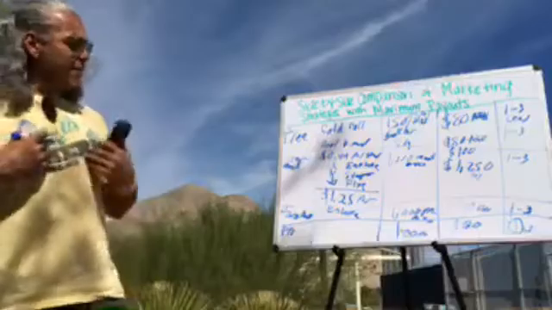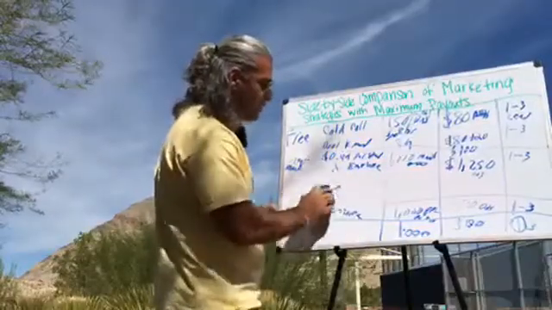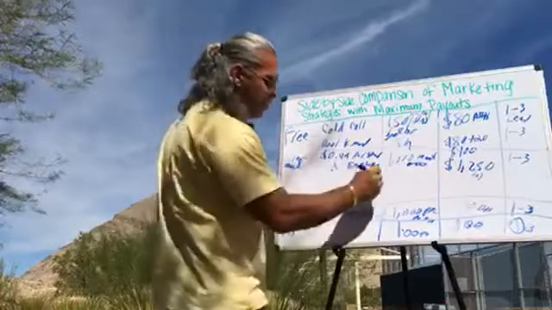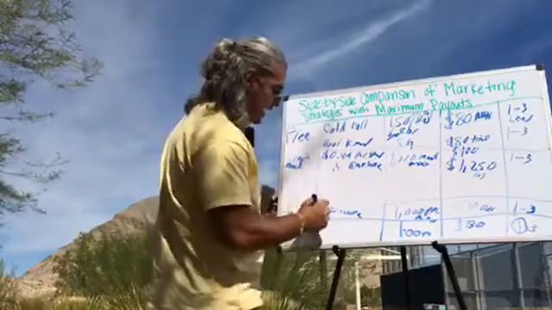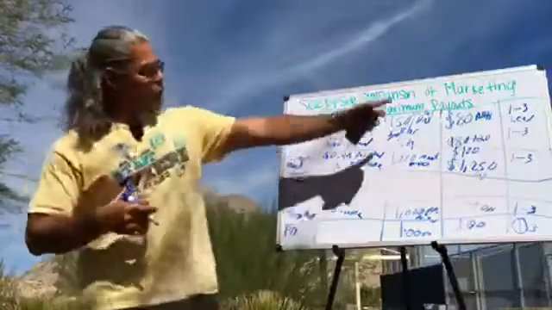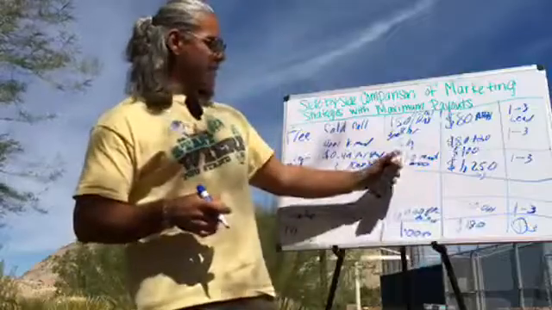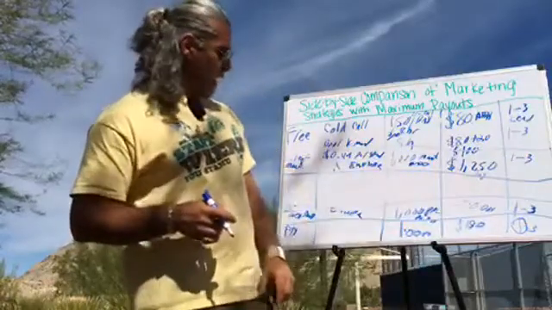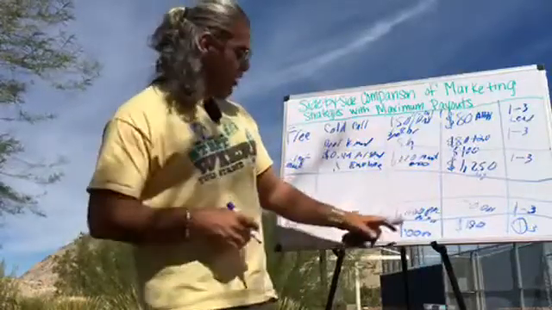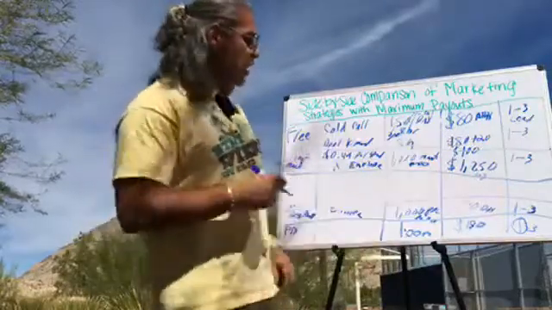But I have a secret, and I'm going to share it with you right now, guys. How to get 1 to 3 leads, if not more, for just $4 a day. So I hope you're ready. If you look at all these numbers, these are all per day, how much you would have to spend. You would have to send out 1,000 mail-outs, put out 1,000 impressions on Facebook, or do 1,000 door hangers.